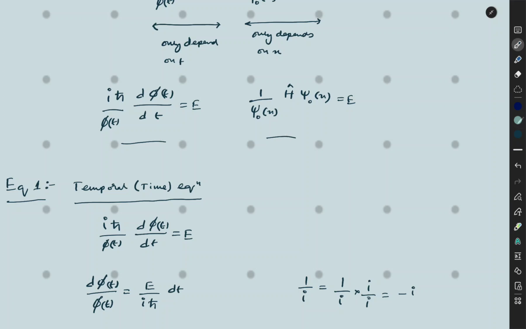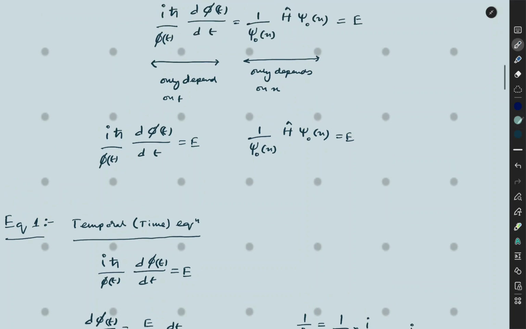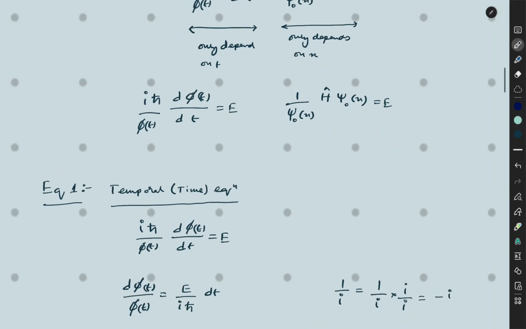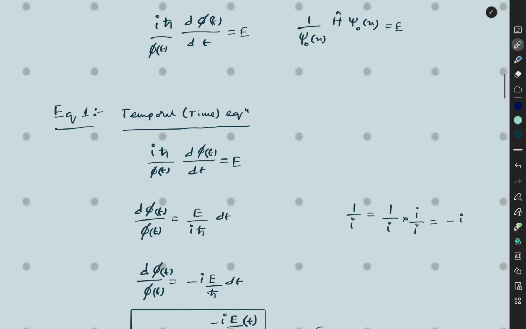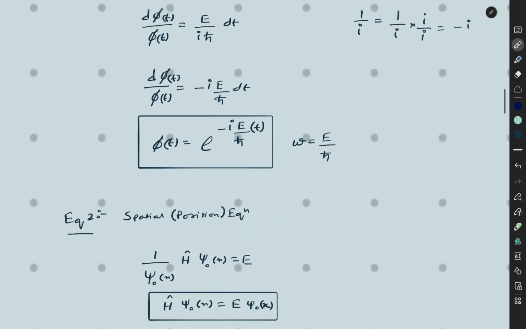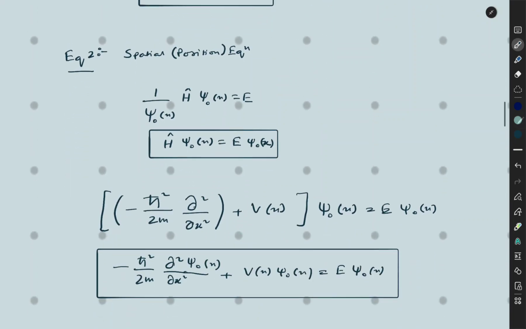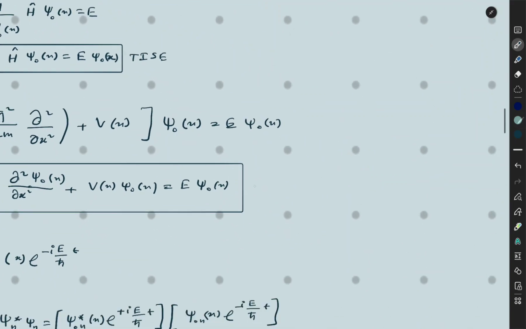So we need a constant for that to be true for all x and t. Therefore we got energy as a constant. So this is the temporal equation, that is, after solving we got this part, and this is the spatial equation with the Hamiltonian operator, and we got this as the time independent Schrodinger equation.